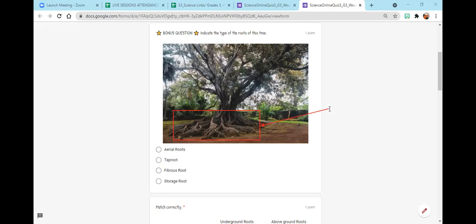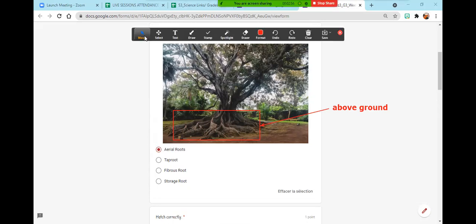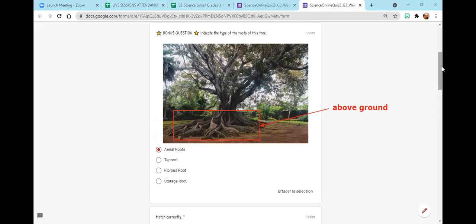Usually roots grow under the ground, but these ones are growing above ground. So what do we call them? These are aerial roots since they grow above the ground.